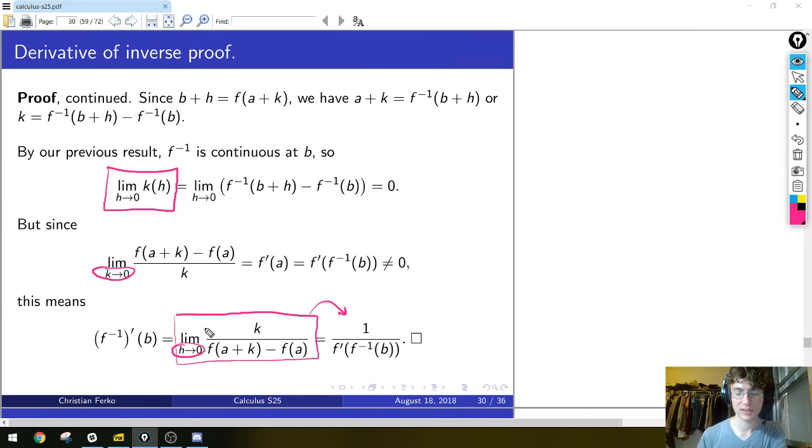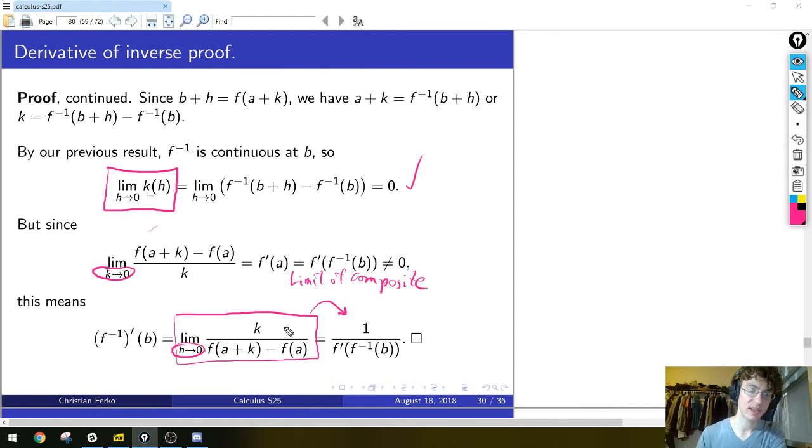But you proved, back in consolidation document 2, I think, that the limit of a composite function is the same as you would get by taking the limit of the outer function as the inner function goes to its value, assuming that the outer function is continuous. And here we've proven that. This limit as h goes to 0 of k equals 0. So we need this to replace the k goes to 0 with h goes to 0 in the limits. So that's one step: the limit of a composite, which we proved.